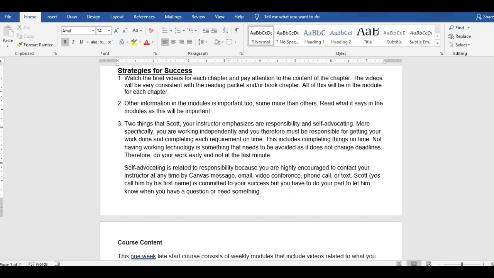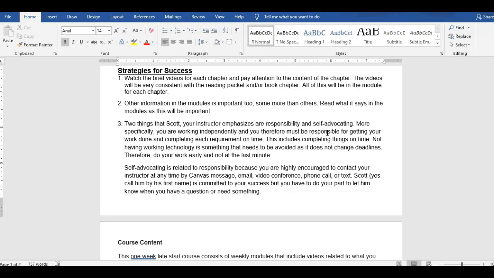Number 3 here, things that Scott, that's me, your instructor, finds important: responsibility and self-advocating. You need to be responsible for getting all your work done, keeping up with everything, keeping in touch with me if you need anything. Be responsible for keeping your computer charged and making sure you get things done on time.